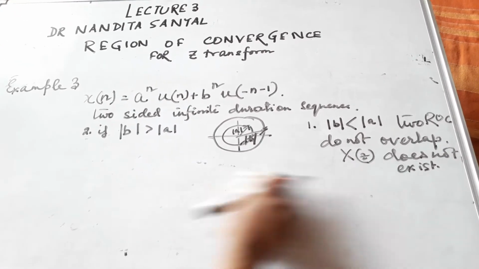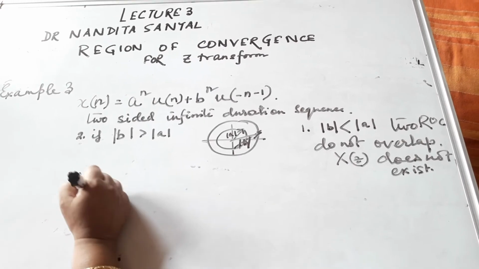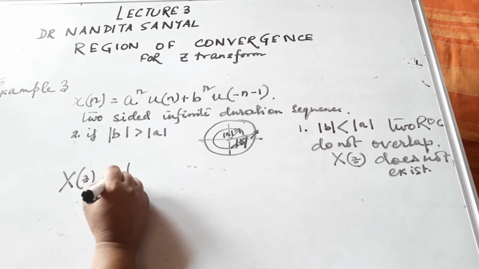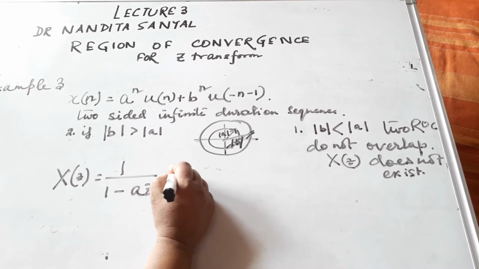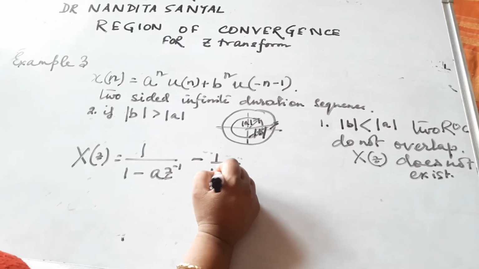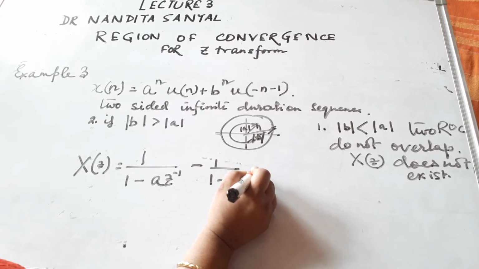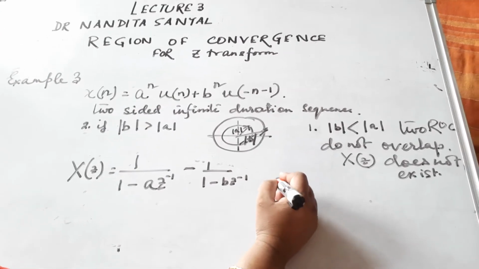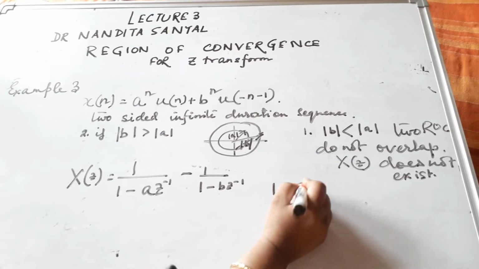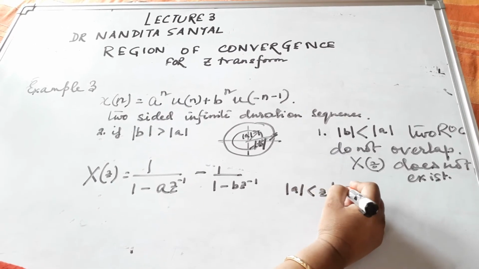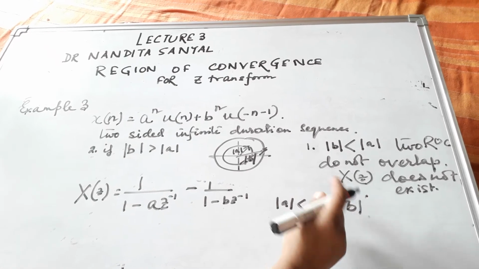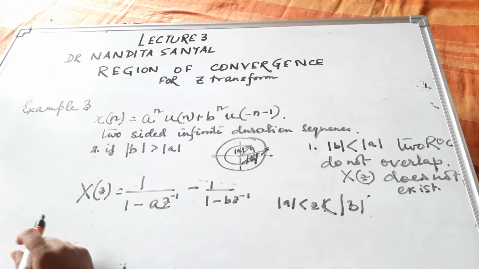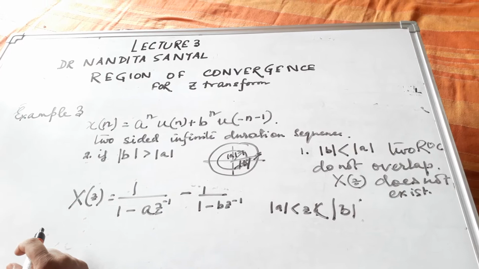Thus X(z) is equal to 1 by 1 minus a z to the power minus 1 minus 1 by 1 minus b z to the power minus 1, where mod a is less than mod z less than mod b.